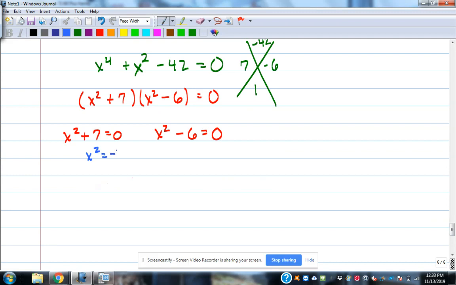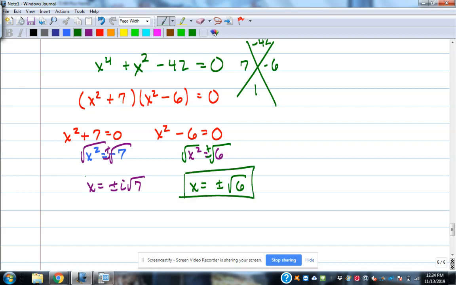x squared is equal to negative 7. Take the square root of each side, plus or minus in the front. i radical 7. And it's going to be x squared is equal to 6. Take the square roots. What do we know about the graph of that polynomial right there?